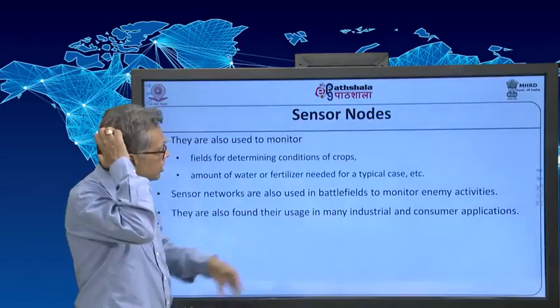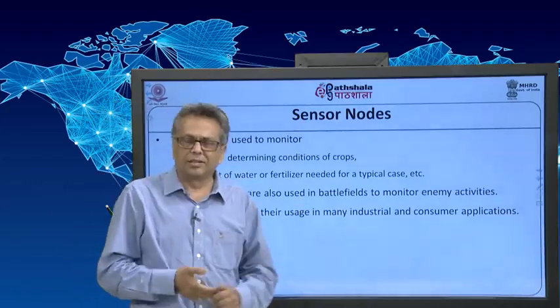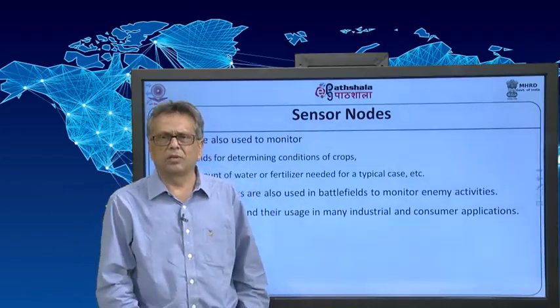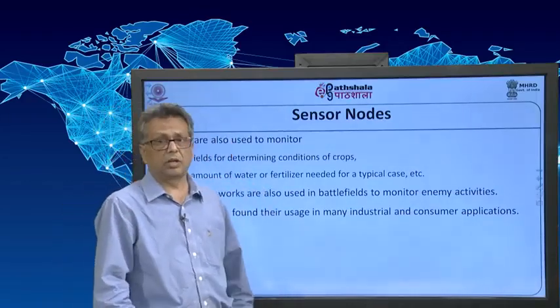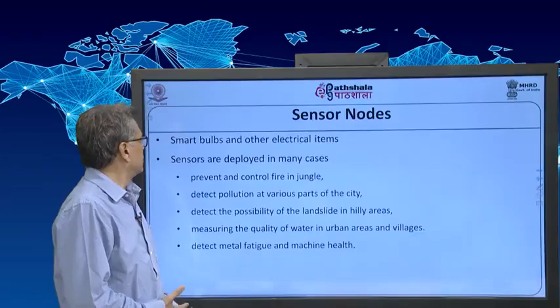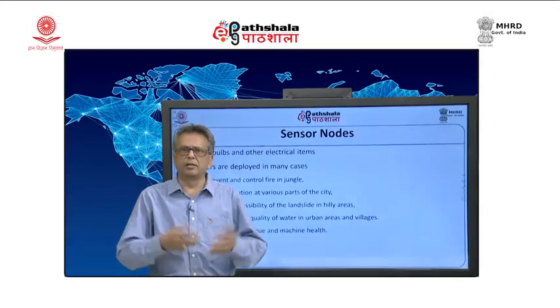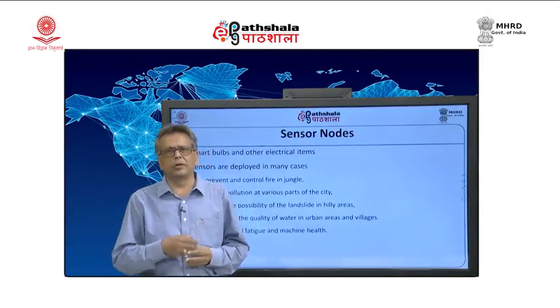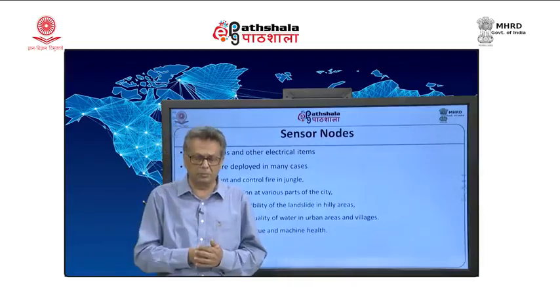Sensor networks are also used in battlefields to monitor enemy activities, and in industrial and consumer settings. Hundreds of applications have found a place for sensor nodes. Okay. Smart bulbs is one example. You may be surprised why you need a smart bulb, but just consider a huge building, your own college or your own office, where there are hundreds of rooms, and your clerk needs to monitor where each bulb is, and if a bulb has gone off, replace it.